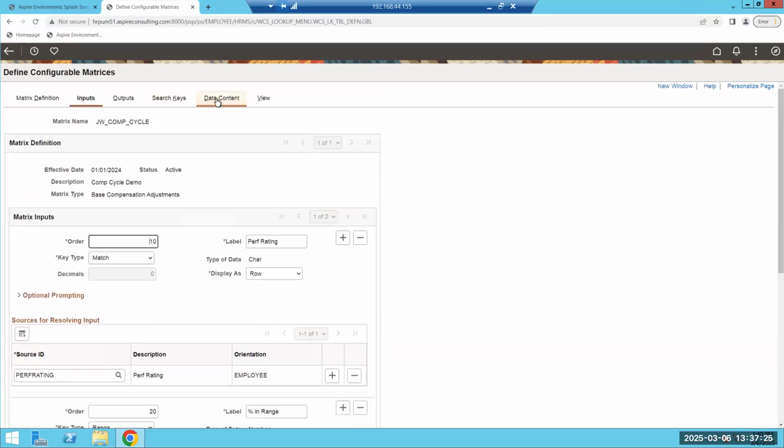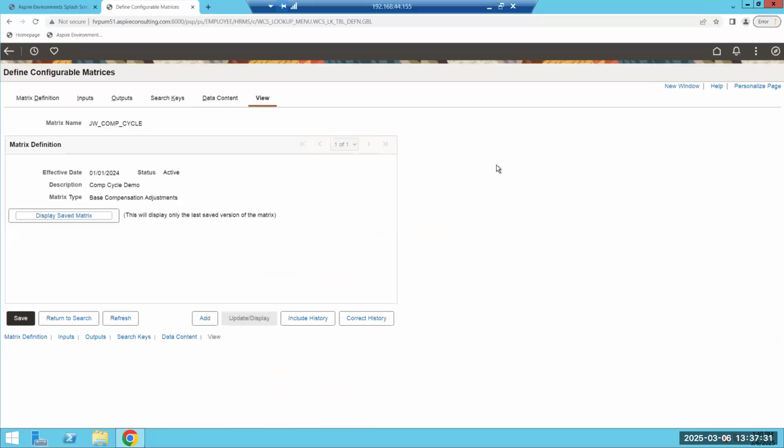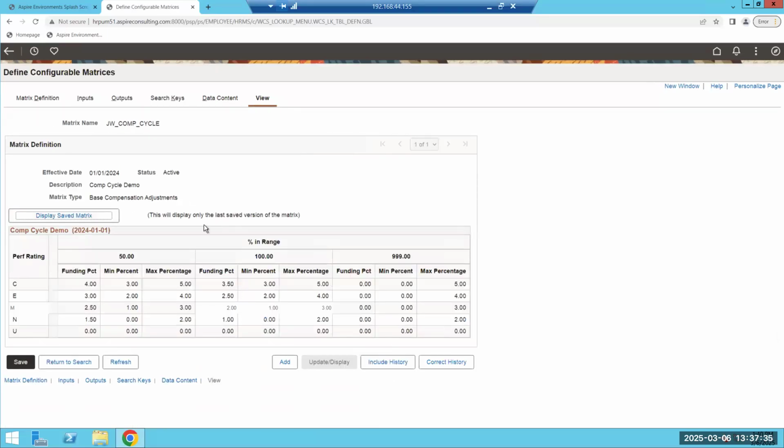If we look at our data content here, actually let's go to view because that'll give us a better look. We can see based on performance rating, based on percentage and range, these are the funding percent min and maxes. So the suggested range, if you will.